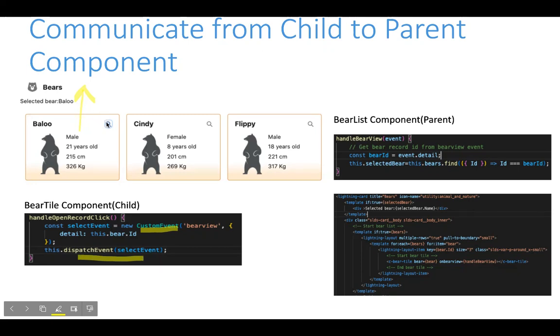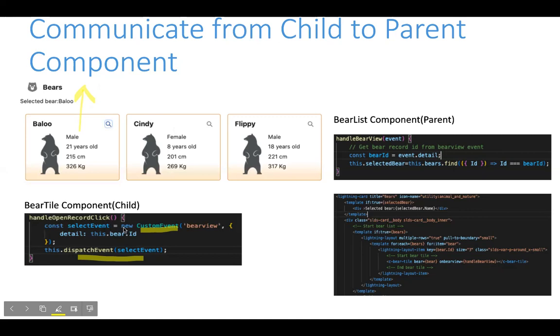When I'm clicking here, I want to pass this bear's ID. So when we want to pass data through a custom event, we have to set the detail property to that data. Here I want to send the particular bear ID, so I set the detail property to the bear ID.